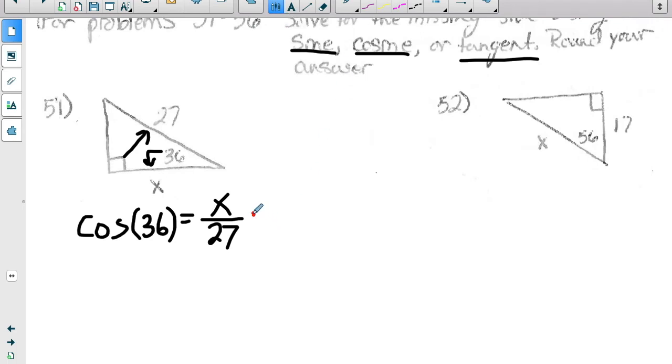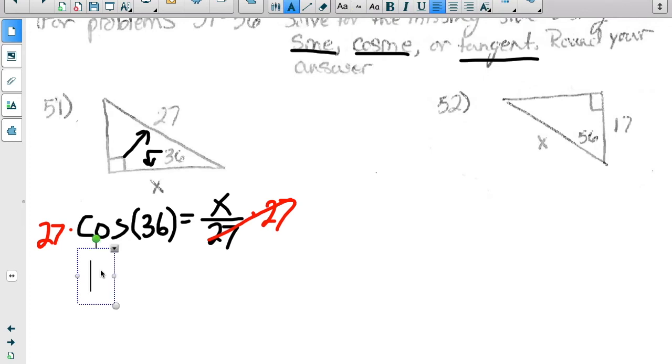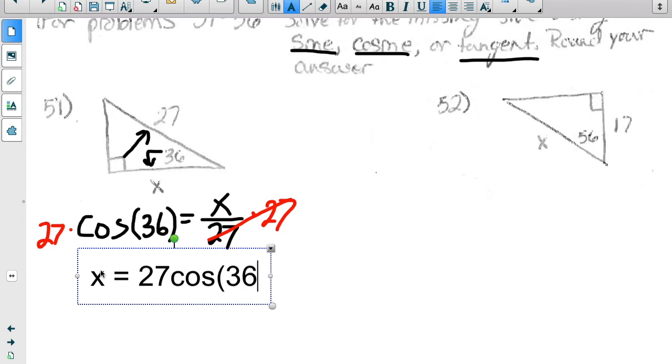And now that we have this, we're going to solve for the value of x by multiplying both sides by 27. When I multiply both sides by 27, these will cancel. And what that'll give me is x is equal to 27 times cosine of 36. Now again, at this point, we can plug this into the calculator.